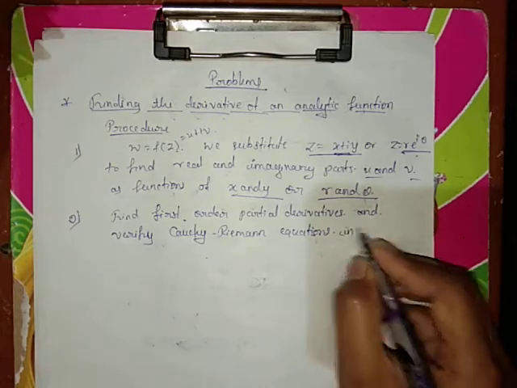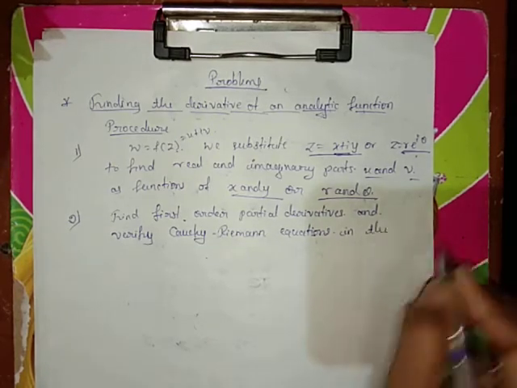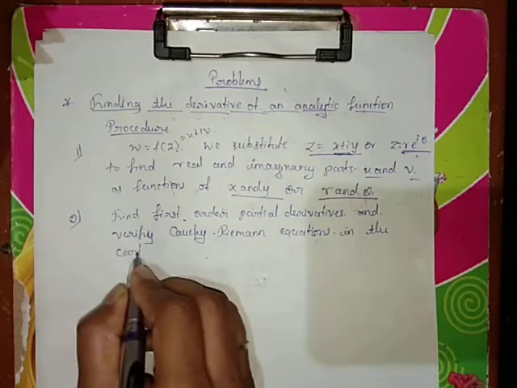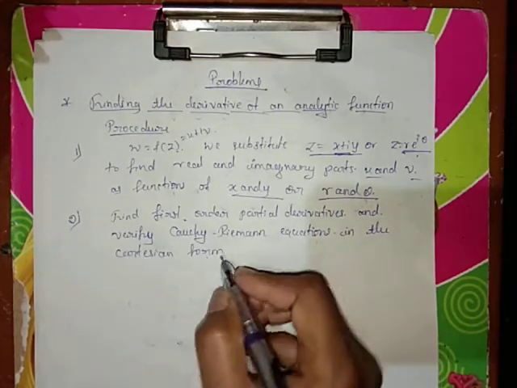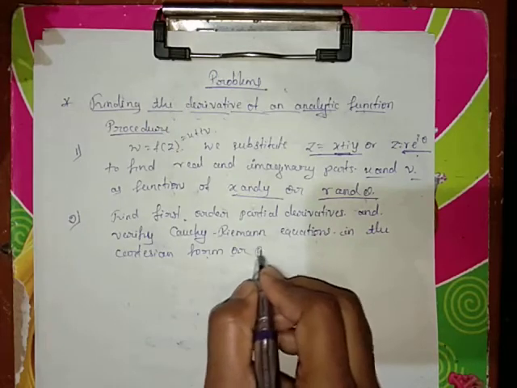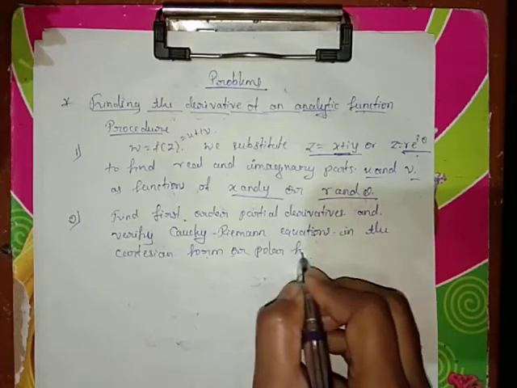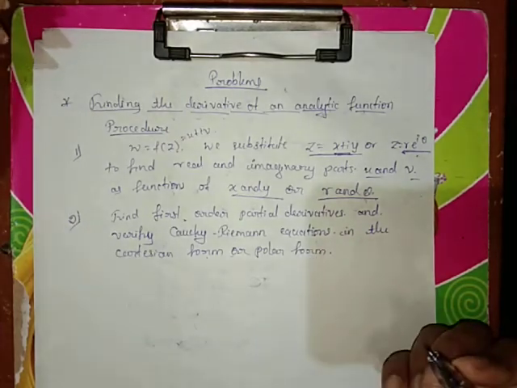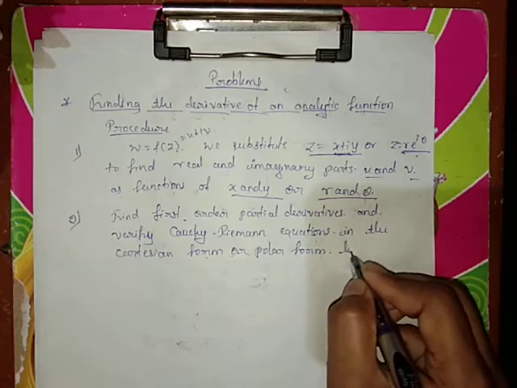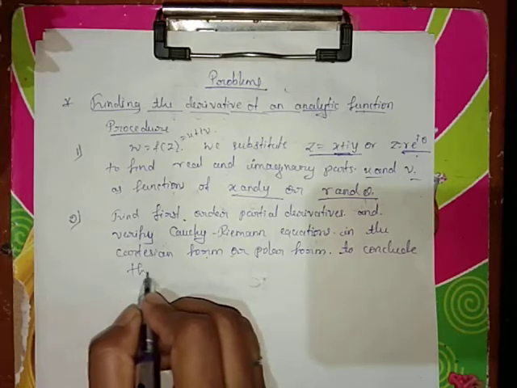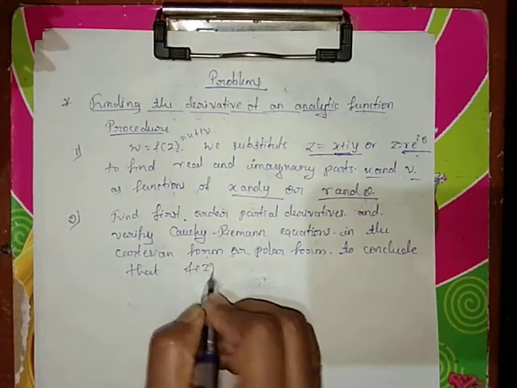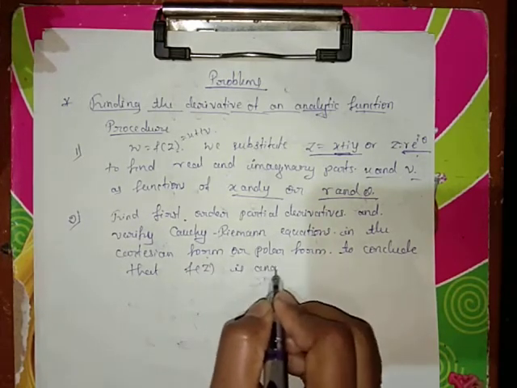That is the Cauchy-Riemann equations in the Cartesian form or polar form, to conclude that f of z is analytic.